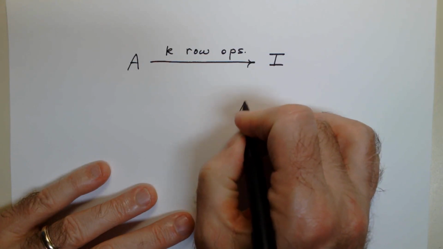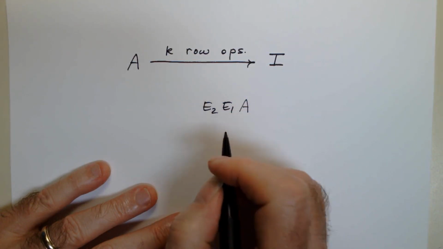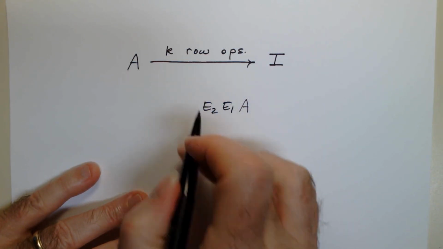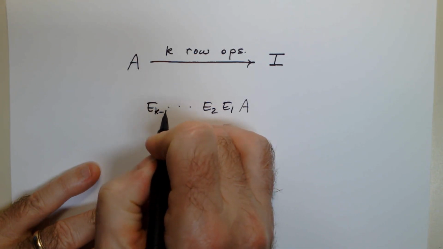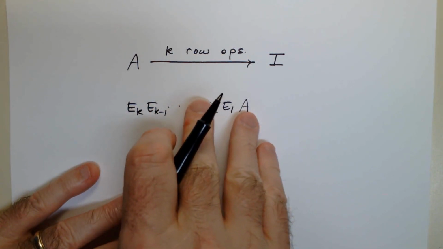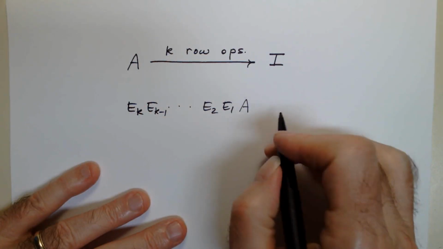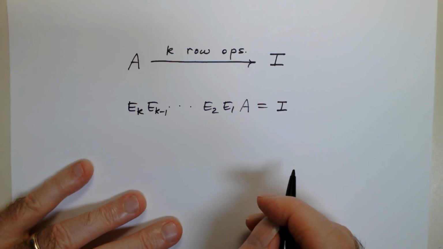So we're effectively saying this. Each row operation can be done by multiplication on the left by an elementary matrix, and so we can think of this product of elementary matrices on the left producing this effect. We're going to get the identity matrix.